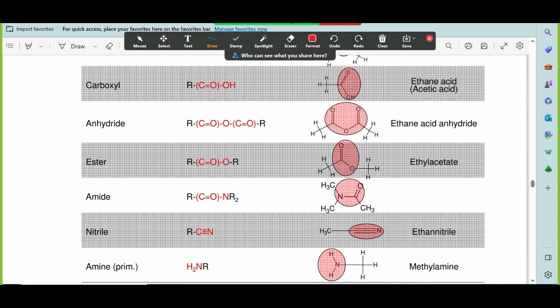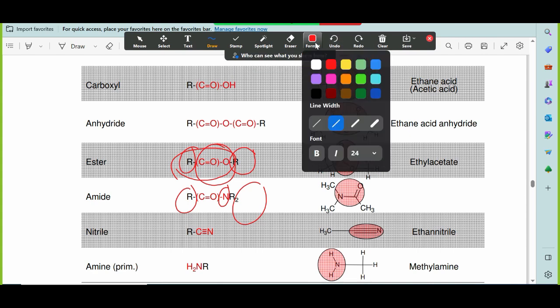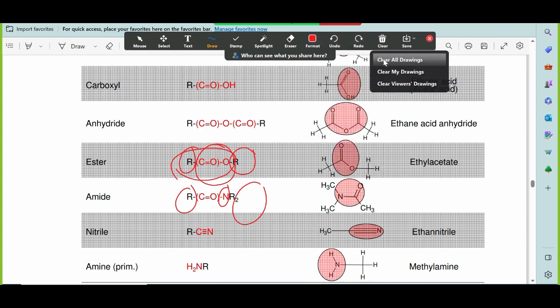In the case of the amide, it's like the ester. You see the similarity. The ester has this carboxylic group in the middle, and we have radical 1, radical 2. For the amide, it's the same, but instead of oxygen, we have the nitrogen, we have radical 1, and we have a second radical here as well.